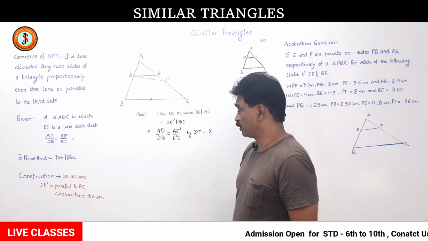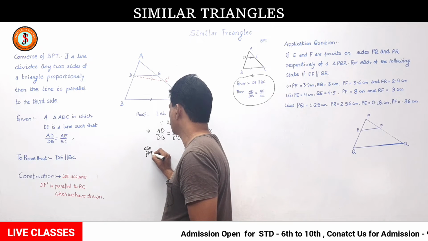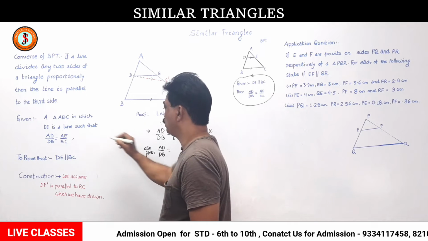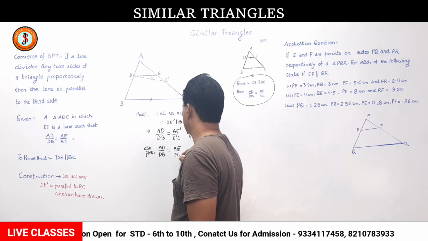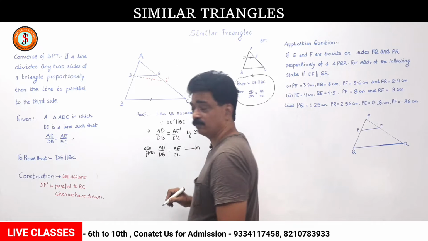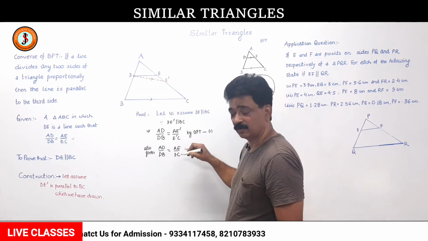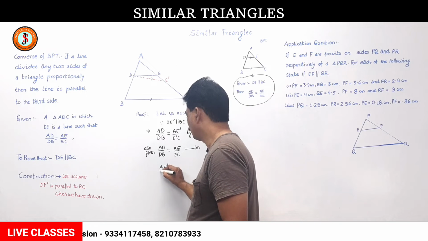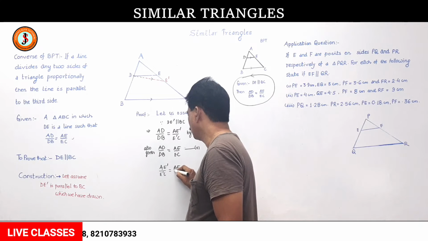But also given, AD by DB is equal to AE by EC. This we take as 2. Now we know that things which are equal to the same thing are equal to one another. That means AE dash by E dash C is equal to AE by EC.